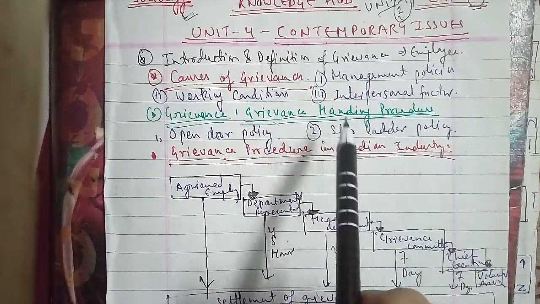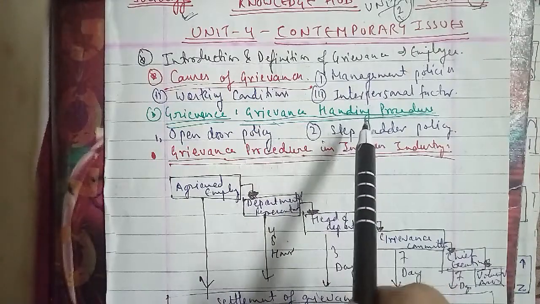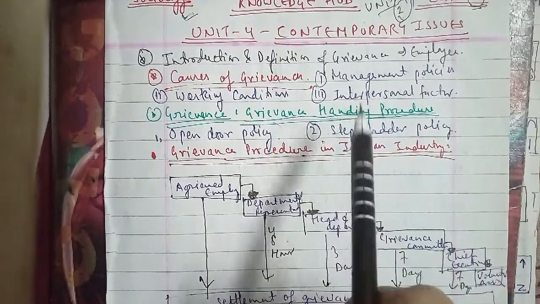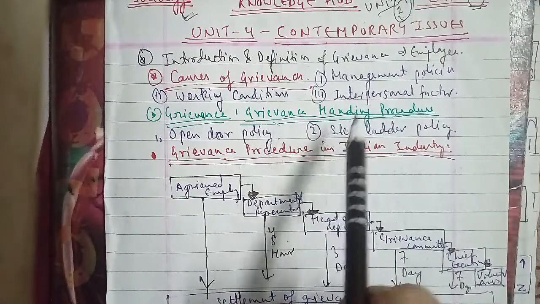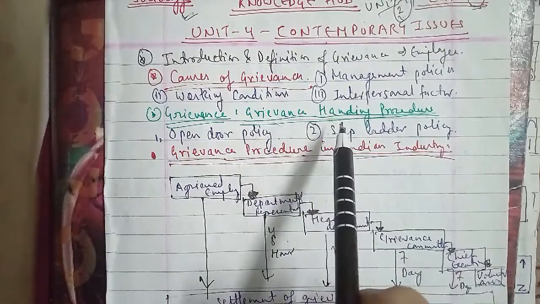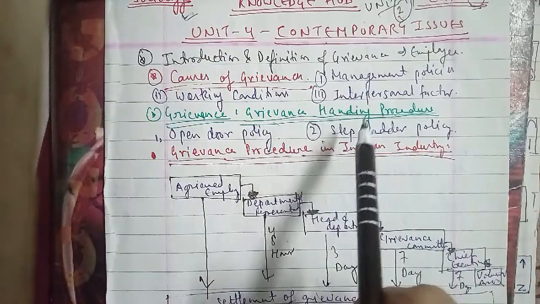If the committee also fails to redress the grievance, it may be referred to the chief executive, and if the chief executive also fails, the grievance is referred to voluntary arbitration, and the award of arbitration is binding on both the parties as well.